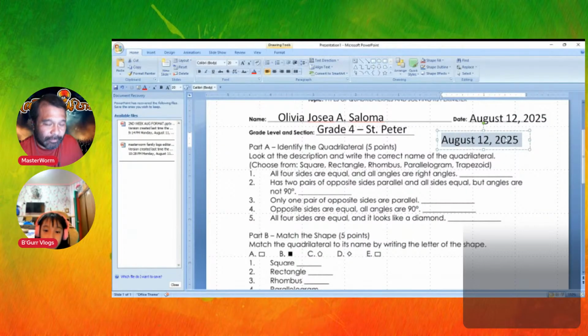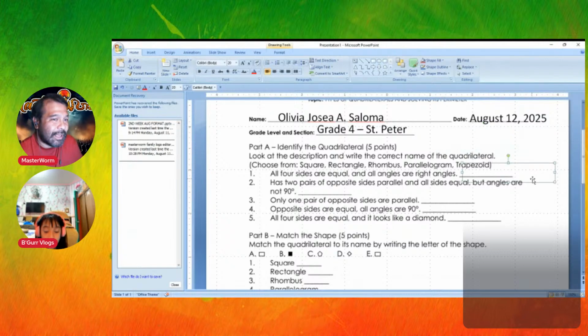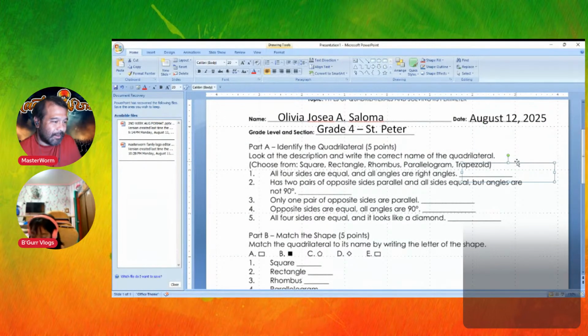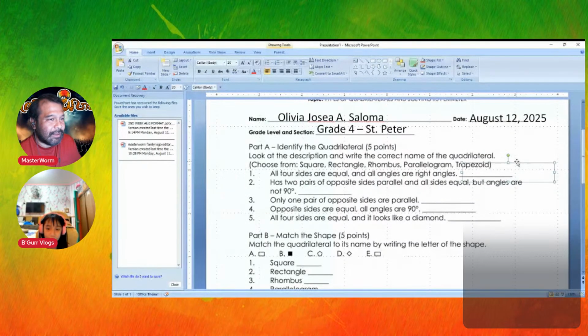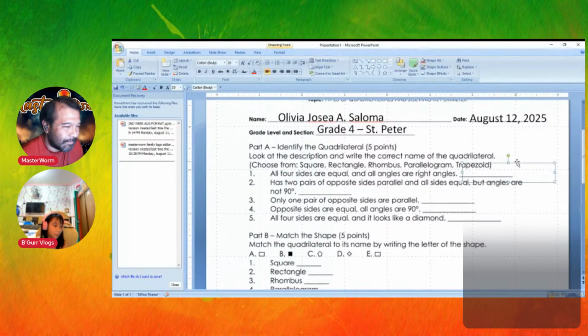You have the same equal sides and everything is a right angle. What is the perfect quadrilateral? You choose the answer from the top: square, rectangle, rhombus, parallelogram. All four sides are equal and all angles are right angles.